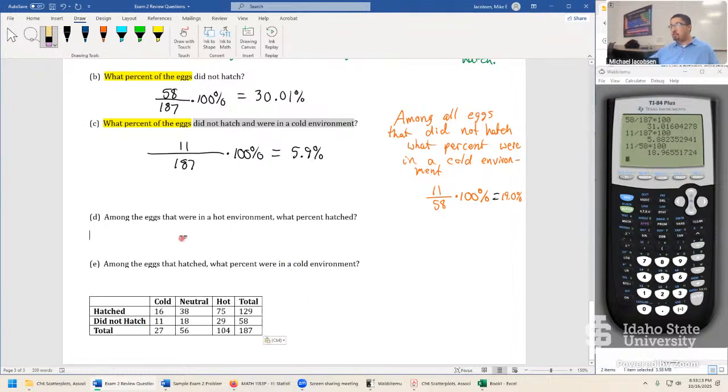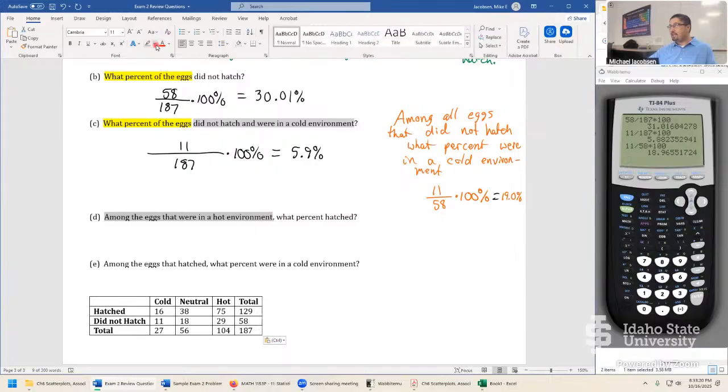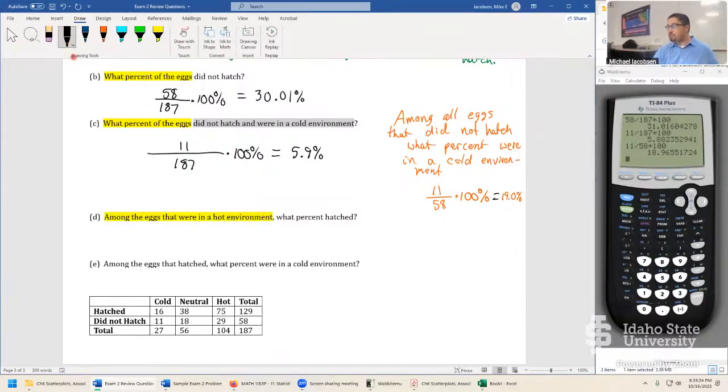So here's our data table below. Let's look into part D. Among the eggs that were in a hot environment, let's highlight this in yellow with the idea of trying to be as careful as possible on these last ones. What would y'all say is the denominator based off that wording so far? Absolutely, good call. When it says among eggs in the hot environment, the whole thing we care about is those 104 eggs.